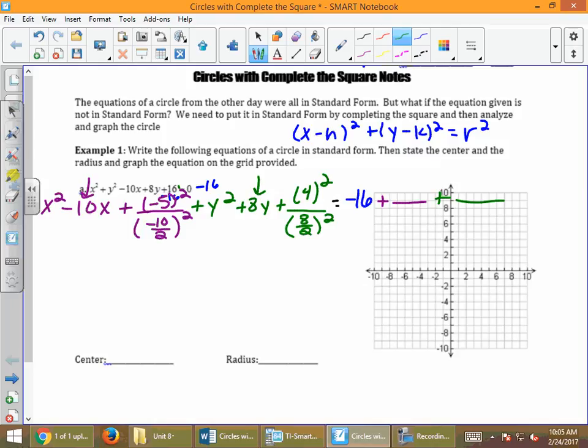That's important. You also have to remember, you put a negative 5 squared in this blank, so a negative 5 squared is going to go in the blank on the other side. You put a 4 squared in this one, so a 4 squared is going to go in the other one, and then you have to balance it out.